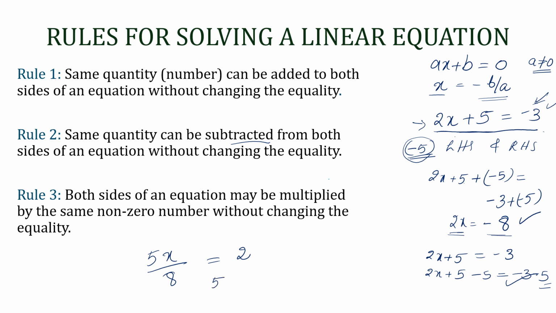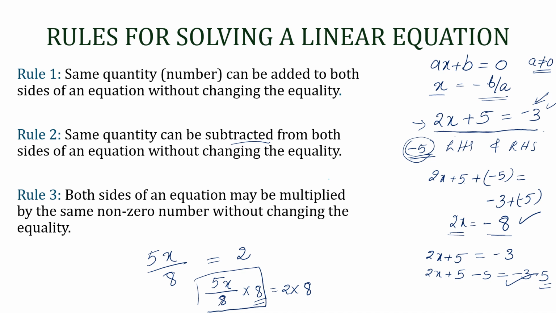So our equation becomes 5x by 8 into 8 is equal to 2 into 8. I am multiplying 8 with the left hand side, and the same value with the right hand side also.